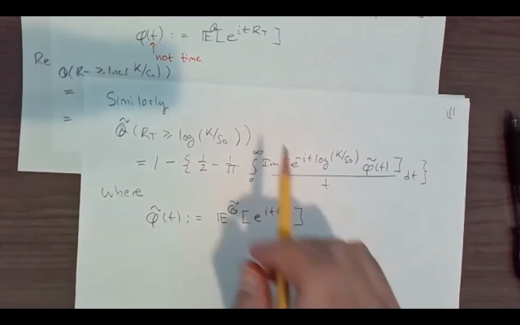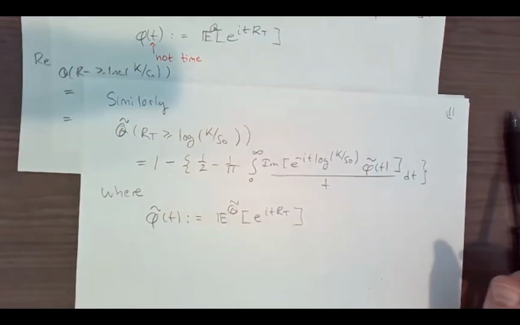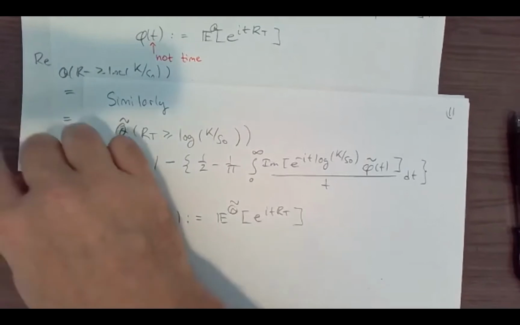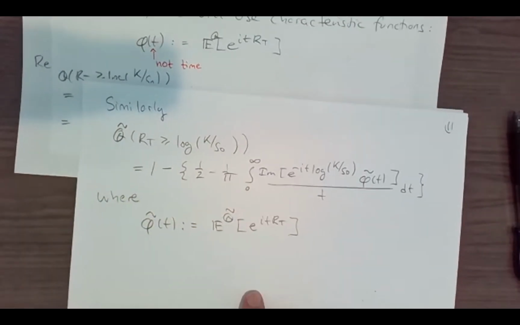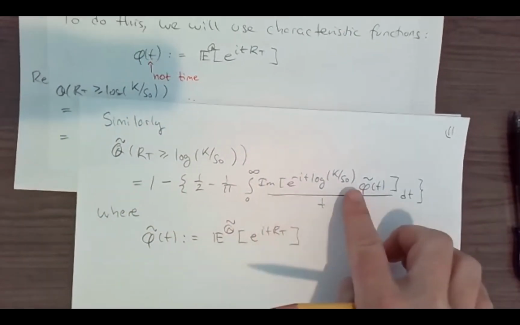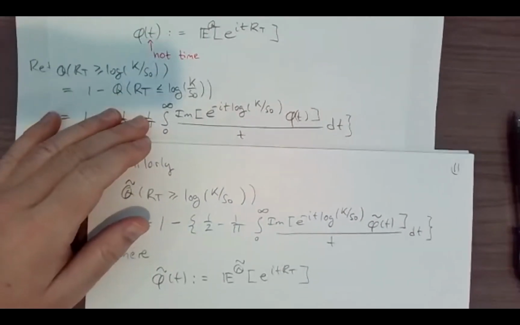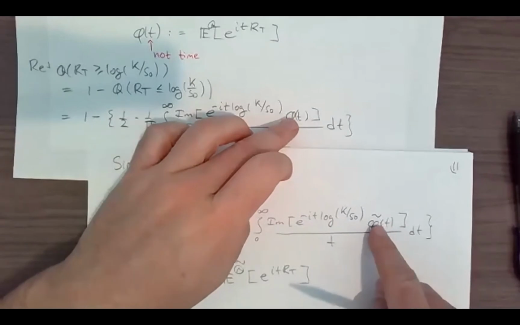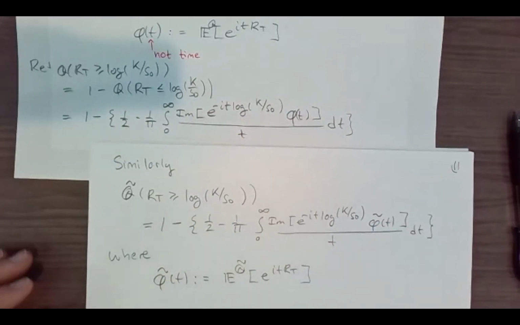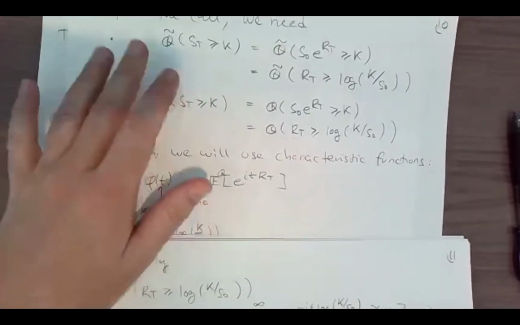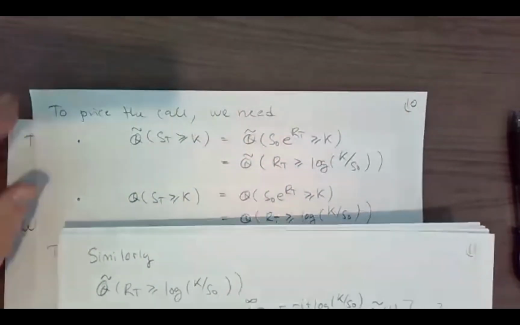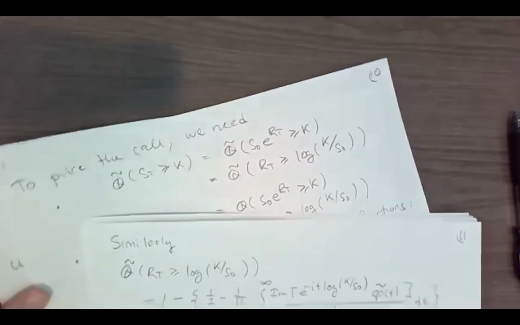So provided that you can figure out what these two characteristic functions are, then you have the formulas. You have a time integral here, and you have a time integral for the other one. So if you know what these two characteristic functions are, you can figure out what these two probabilities are, and then you can figure out what the needed expectation is.